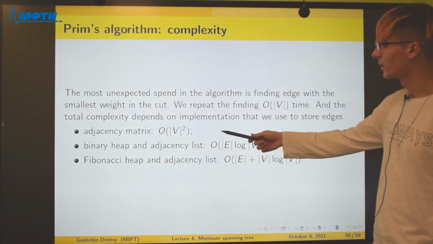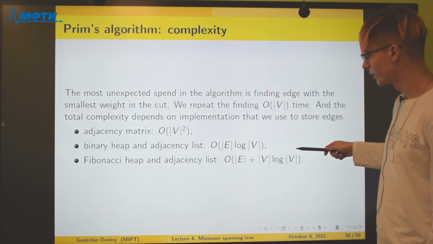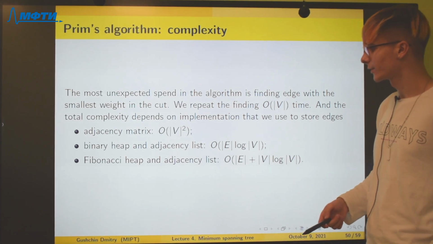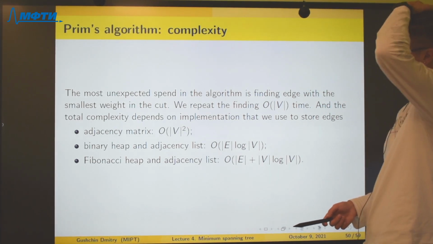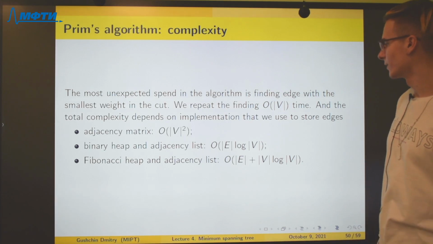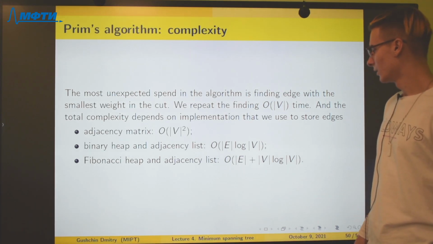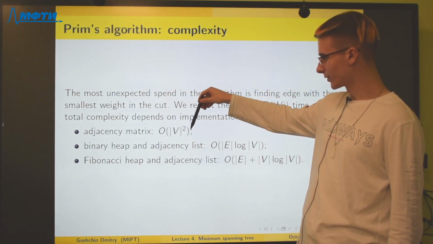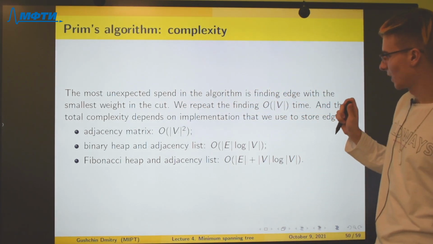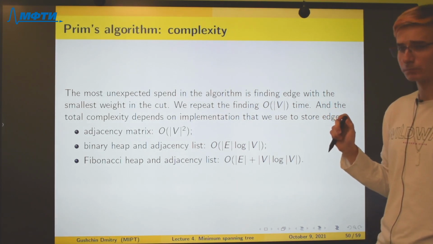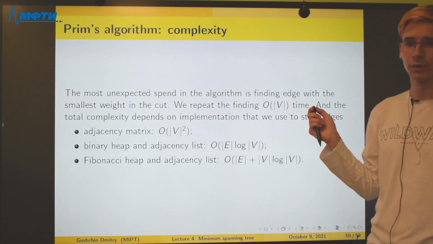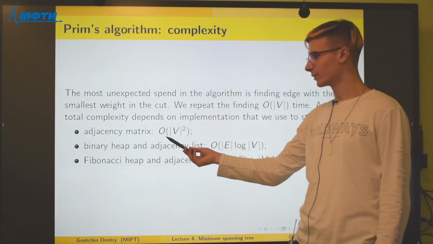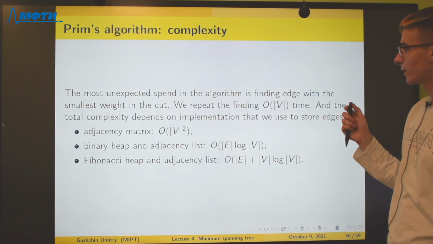Prim's algorithm has a different asymptotic time if you use different data structures. So you see that in the worst case, the asymptotic time is equal to O of the number of vertices squared. Do you understand why it is? Why it is equal to O of the number of vertices squared?